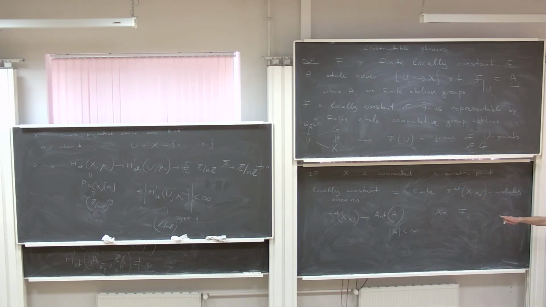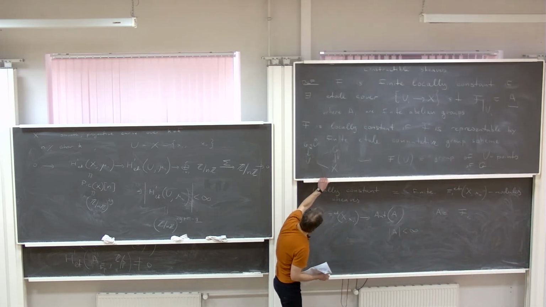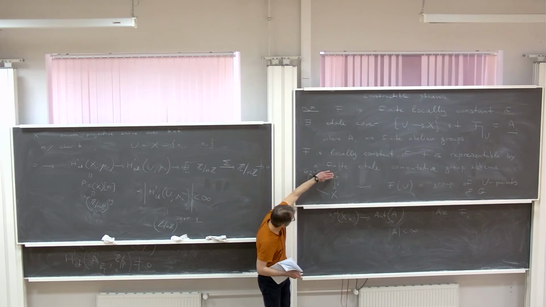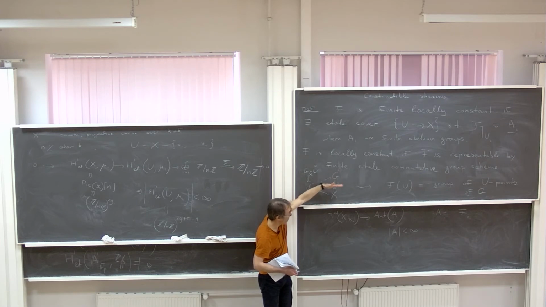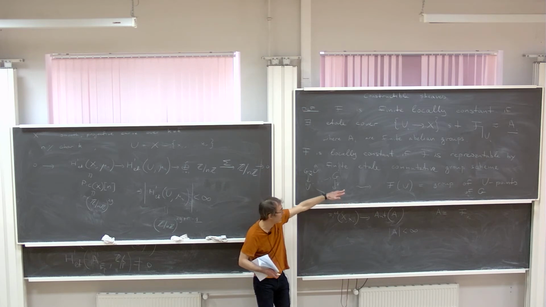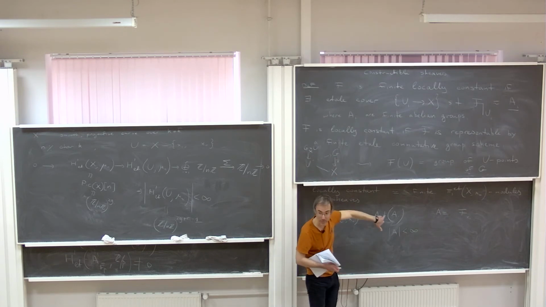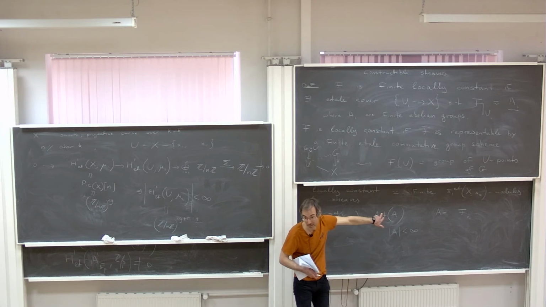That means fine. So how to see this? Well, it follows immediately from this description. Because what is a finite étale group scheme over X? So first of all, G is a finite étale morphism. So it means that the category of finite étale morphisms is the same as the category of sets with an action of the fundamental group on this set.